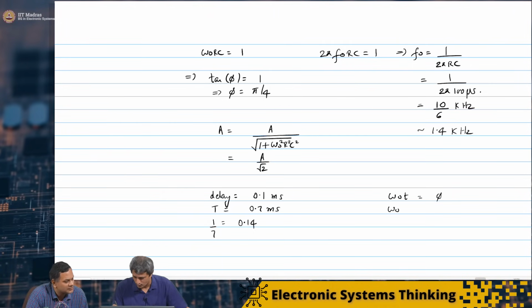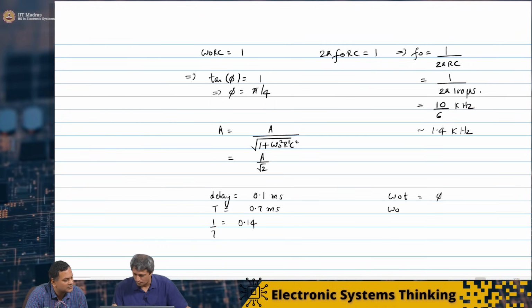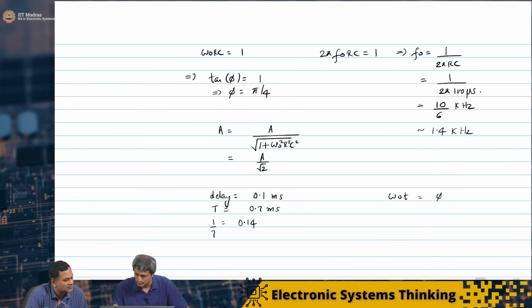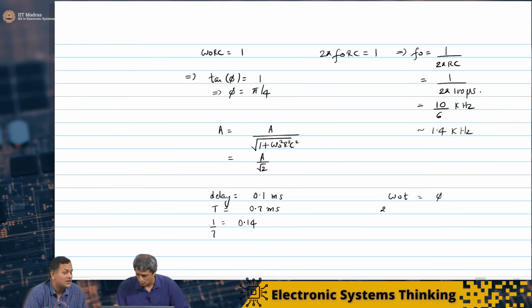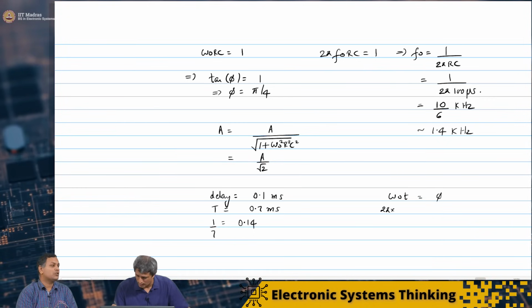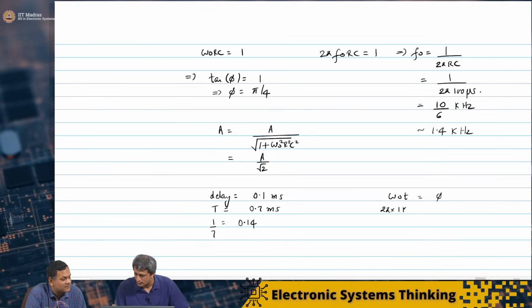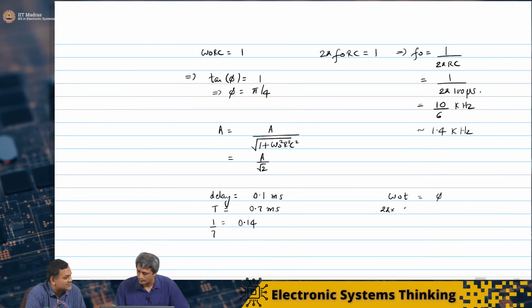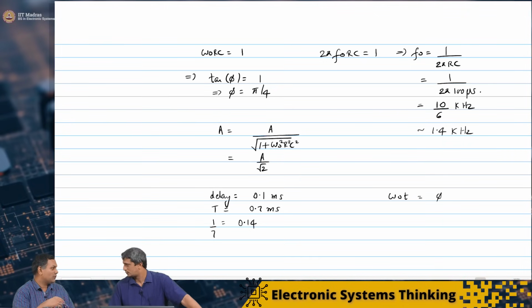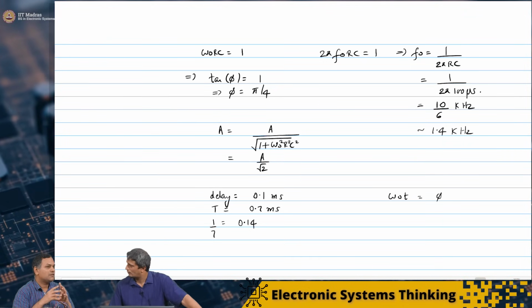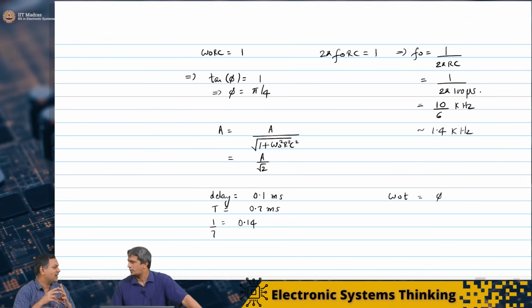So what is omega naught? What is the best way to represent it? We have sine of omega naught t minus phi, and we want to bring the phi in as a delay. So we want to write it as sine of omega naught into t minus tau.